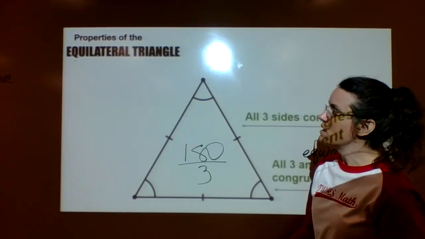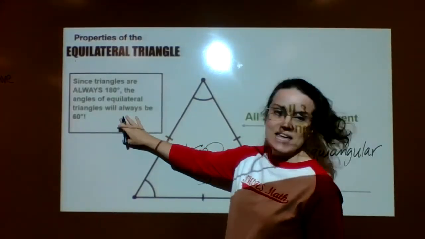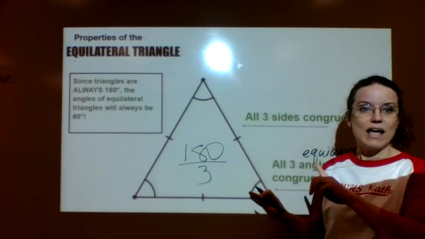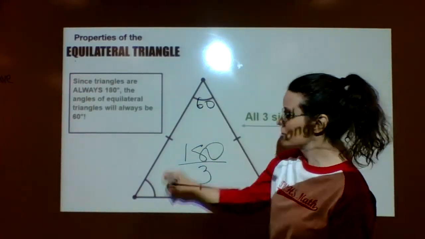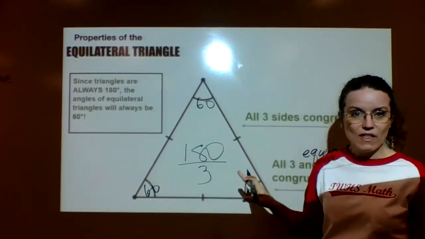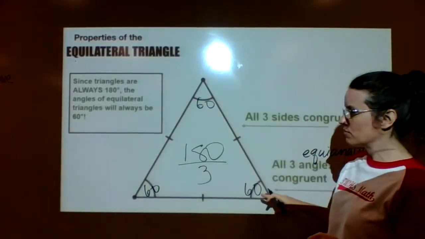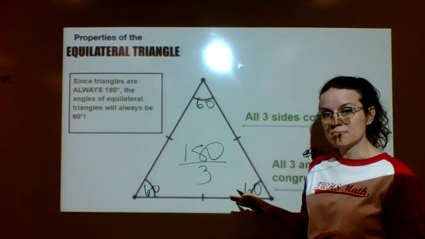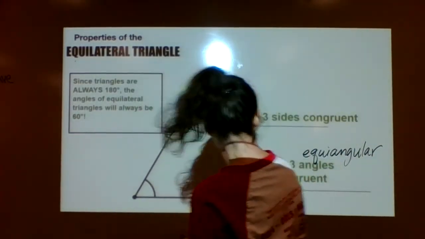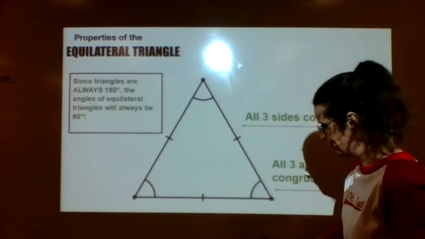And when I do, I find out that these angles are always 60 degrees in an equilateral triangle, every time, no matter what. You can just memorize that and not have to do the work for the rest of your life. Just know that in an equilateral triangle, since the angles are the same size, all these angles will always be 60 degrees.